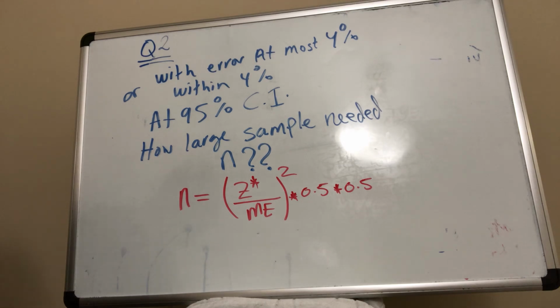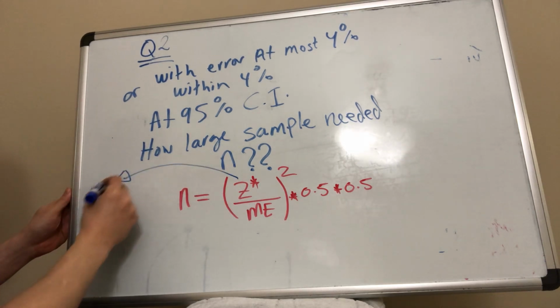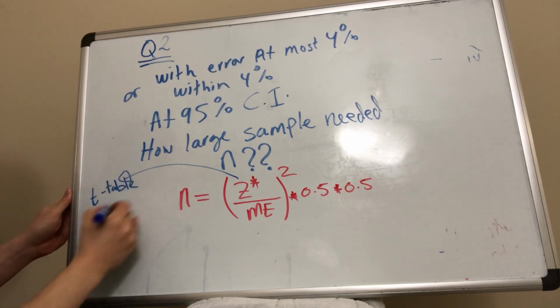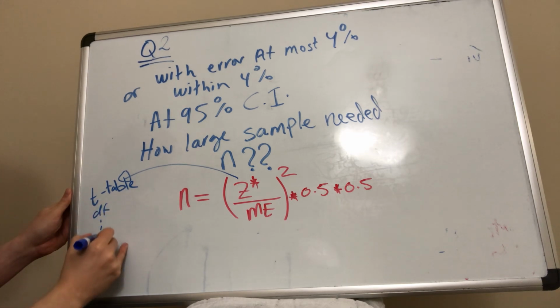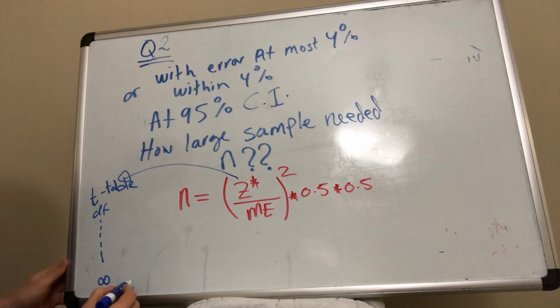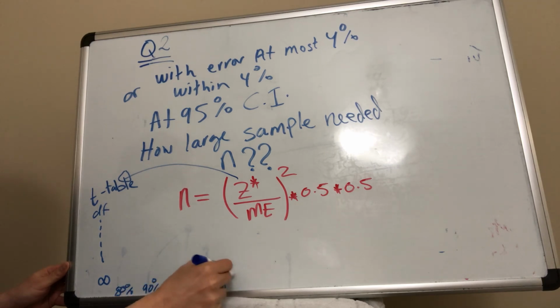Now, what is z star? I told you before how you get this z star. You go to the t table, to the degrees of freedom, infinity, and you'll see they start with 80%, 90%, 95, 98, 99.